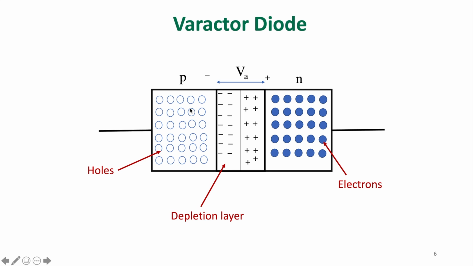Here this P region contains excessive amount of holes and the N region contains excessive amount of electrons, and the depletion layer is depleted of charge carriers. So this PN junction behaves like the parallel plate capacitor, where P and N regions behave like conductors and depletion layer acts as a dielectric medium.